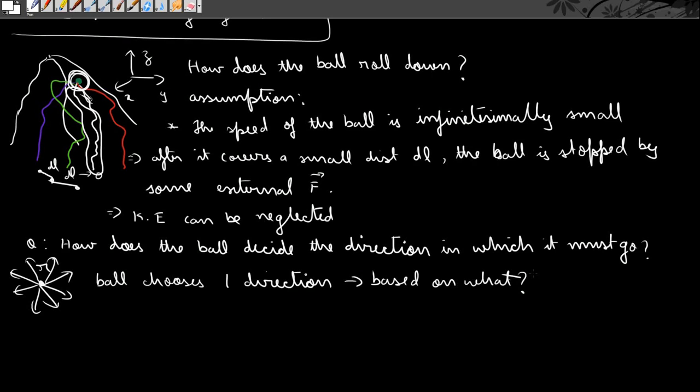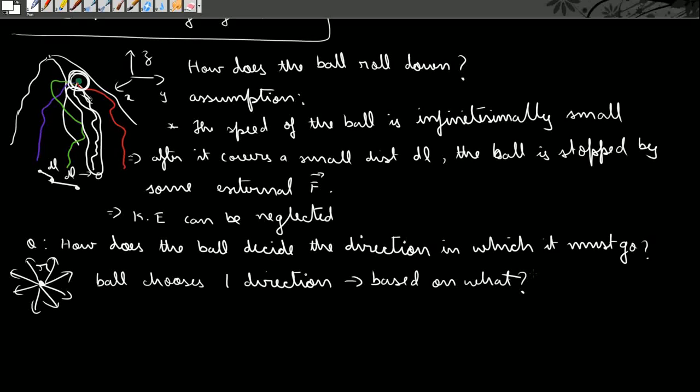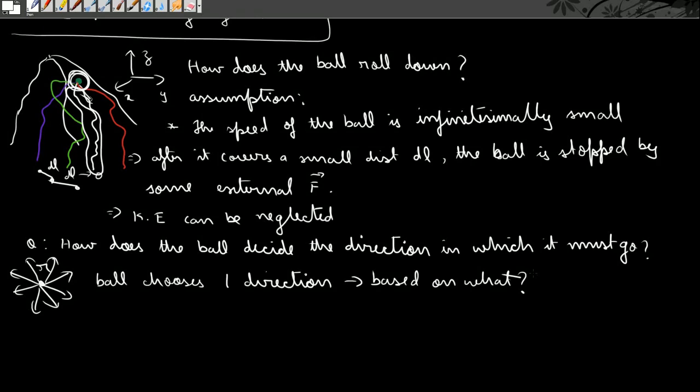So in this particular case, as our intuition says and from our knowledge of, let's say, 11th and 12th standard physics, the ball chooses the direction in such a way that the decrease in the potential energy is maximum. So in this case, it chooses the direction where there is highest decrease in potential energy.